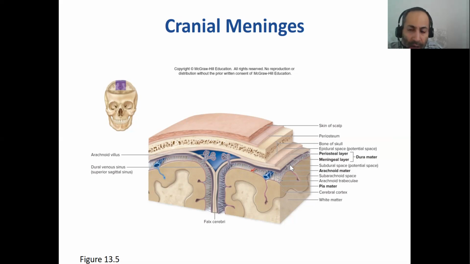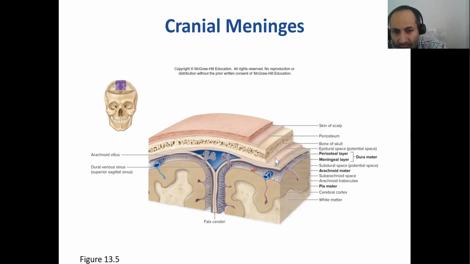There are many important clinical applications of what those spaces are and how they function. So first up, any injury to the brain, or if your neck is contorted or twisted around at a violent speed, like in a car accident, right?